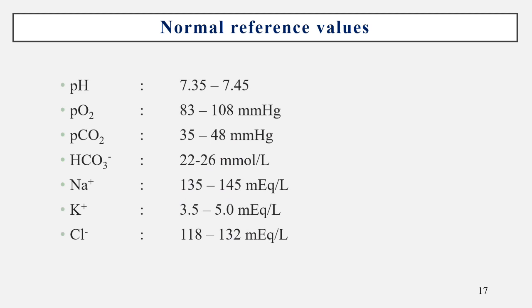Sodium is 135 to 145 milliequivalents per liter. Potassium normal range is 3.5 to 5.0 milliequivalents per liter. Chloride ions is 118 to 132 milliequivalents per liter. These are the normal ranges for pH, partial oxygen, partial carbon dioxide, bicarbonate and electrolytes: sodium, potassium and chloride.